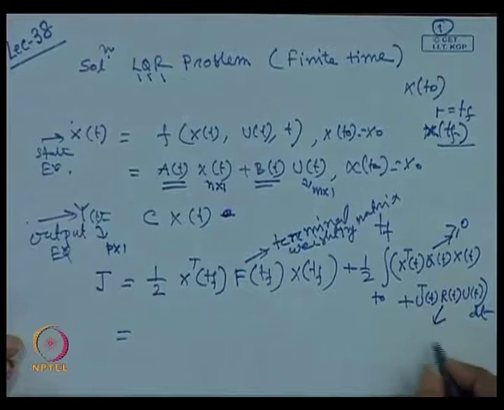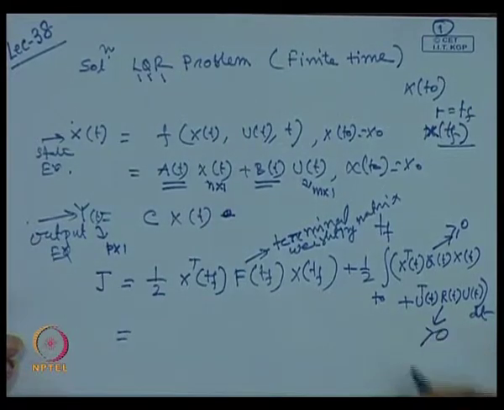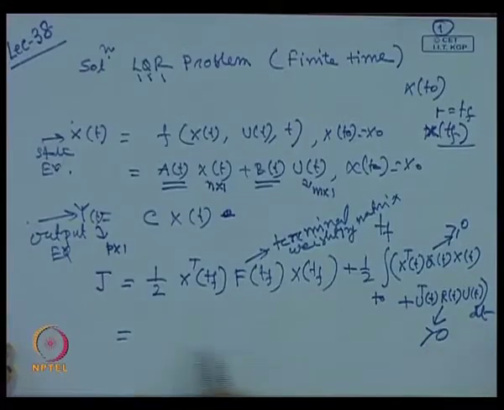This is the control weighting matrix, which is a positive definite matrix, as we have discussed earlier. That must be so from physical consideration also. It cannot be positive semi definite, because if it is positive semi definite, the control effort applied to the system will be 0. That is why it is a positive definite matrix.